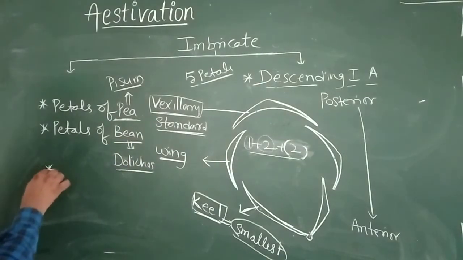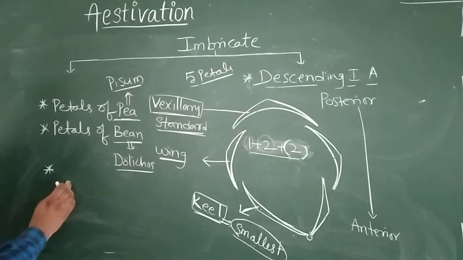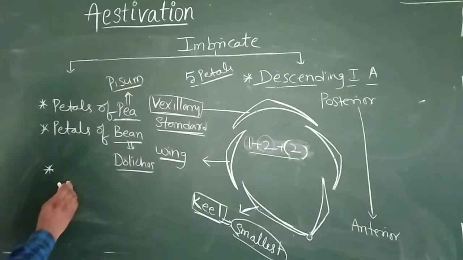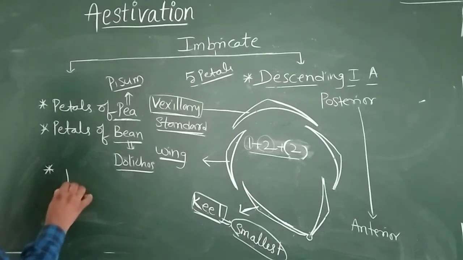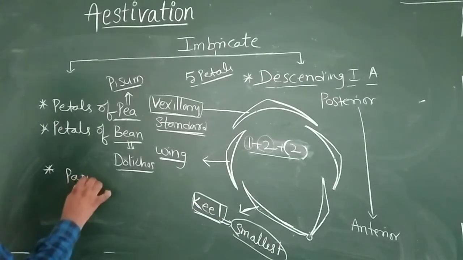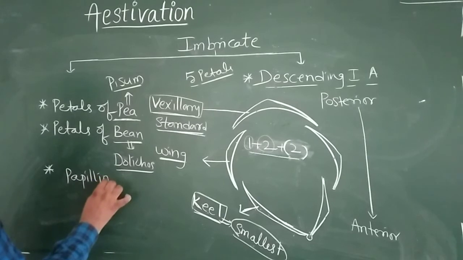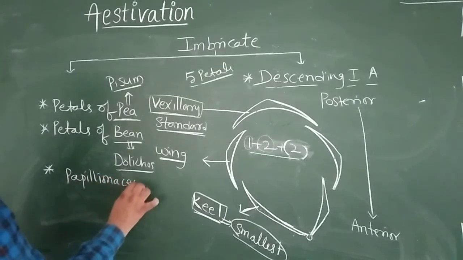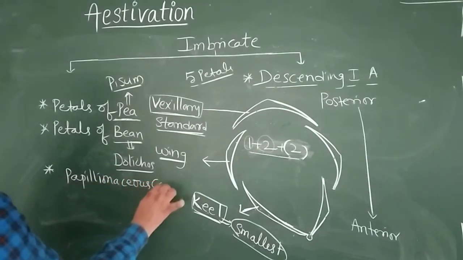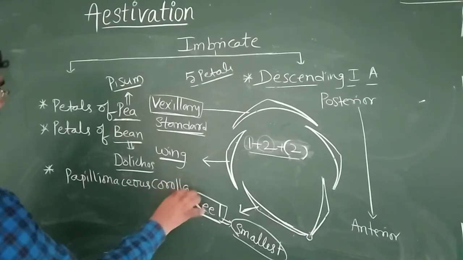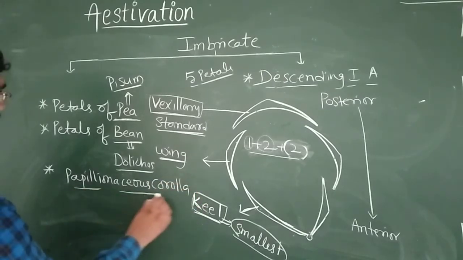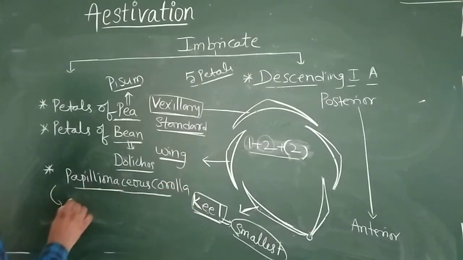Descending imbricate aestivation is also known as the papilionaceous corolla. It is the main characteristic feature of the Fabaceae family.